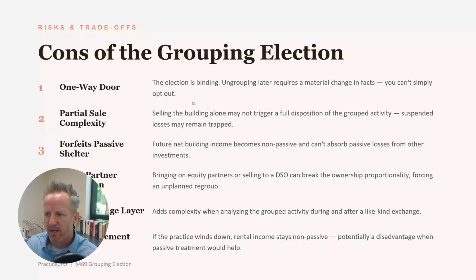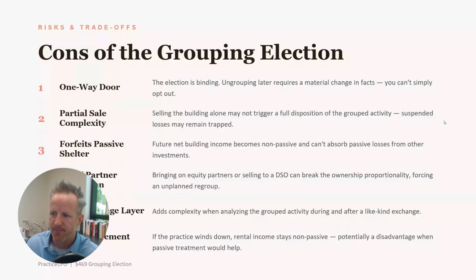So it does create tax complexities when there is a sale of one of these two economic units, the building and the S corporation. That one definitely is an area where you need to have a serious conversation with your CPA because it gets a little more complicated.